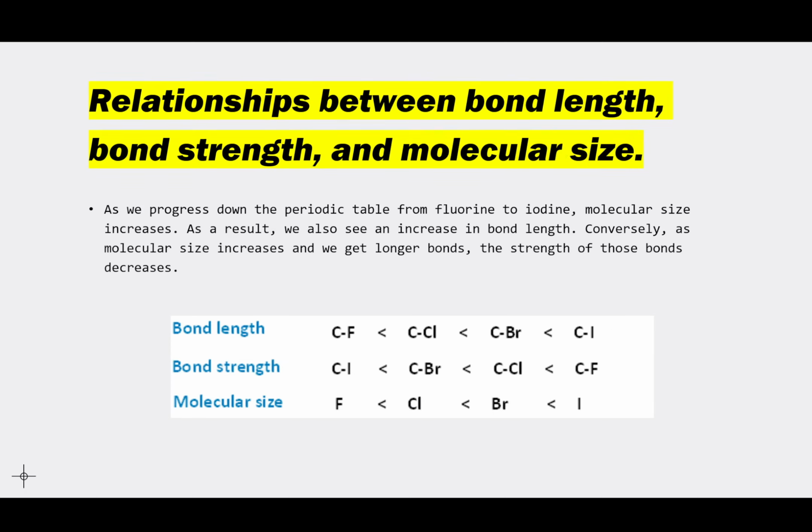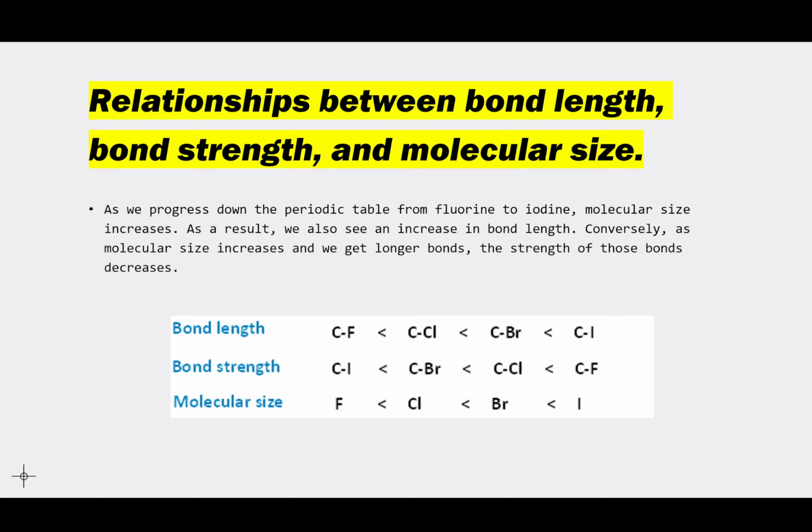Really important. The relationships between bond length, bond strength and molecular size are important in understanding these things. So as we progress down the periodic table from fluorine to iodine, molecular size increases. Also something we looked at in Unit 1 chemistry, right? The atomic radius increases as we go down the groups.